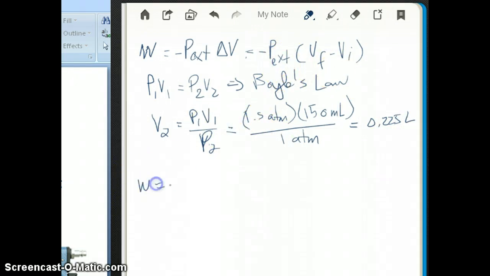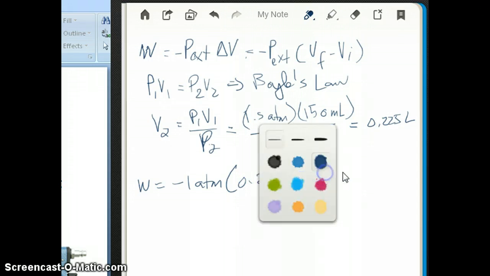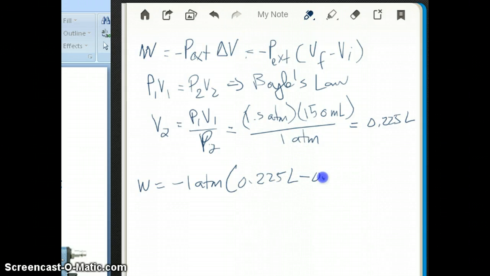My work is just negative P external, which is 1 atmosphere, times the final volume, 0.225, minus the initial volume, 0.15 liter. And when you calculate this, you get negative 0.075 liter atmosphere.